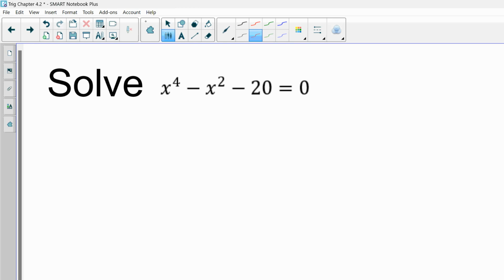Now this is something that we've covered before. We've talked about being able to factor these here. It is possible to factor it. I would stay away from using the quadratic formula on this here because we end up with radicals inside of radicals. But I'm going to use u substitution, and I'm going to set u equal to whatever the middle term is, the middle variable. In this case, it is x squared.